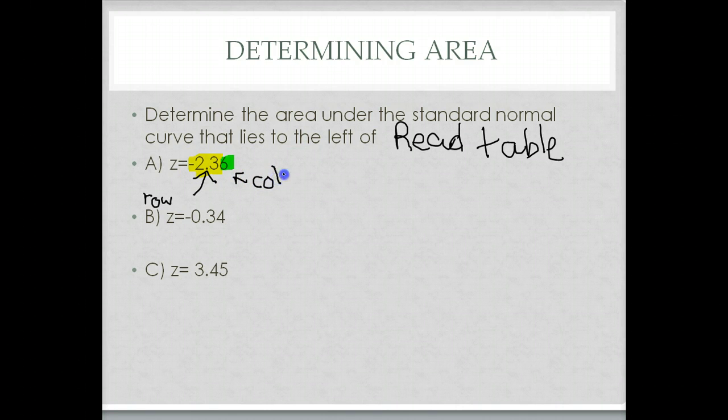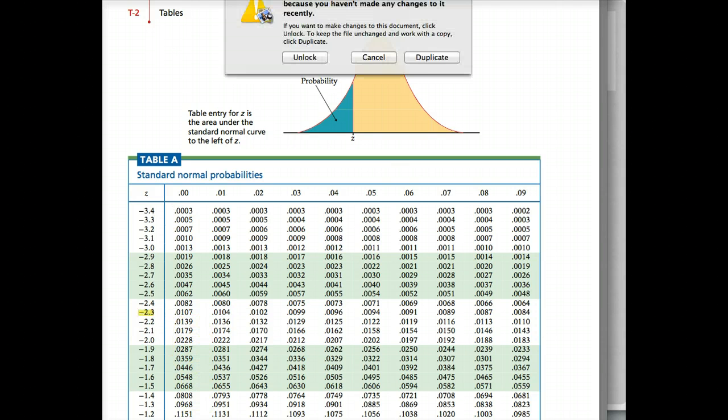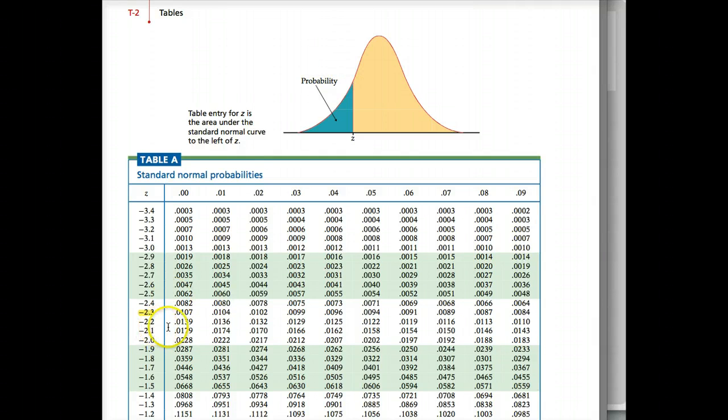So let's take a look at how this works. Remember the number negative 2.36, and I want to find the area. I'm going to go over to my standard normal table, and I'm going to look for negative 2.3. That was my first two digits. And then I look up for the 6, and I find the 6 right there. Negative 2.3 tells me what row to go to.